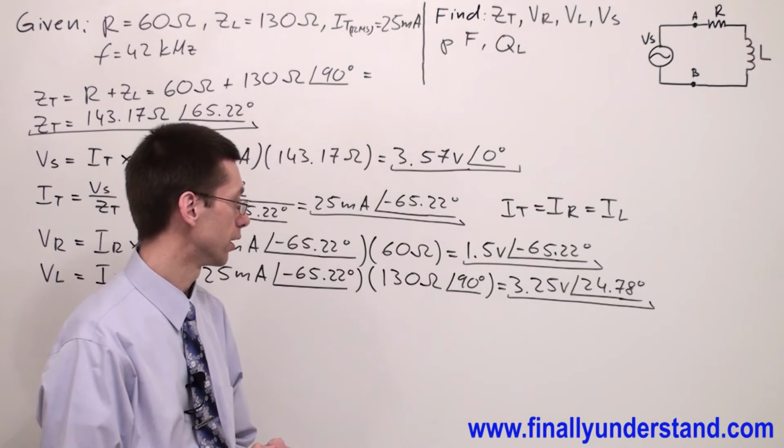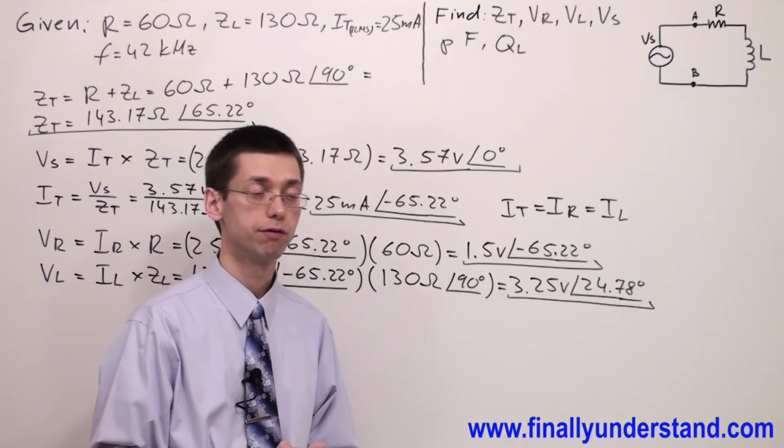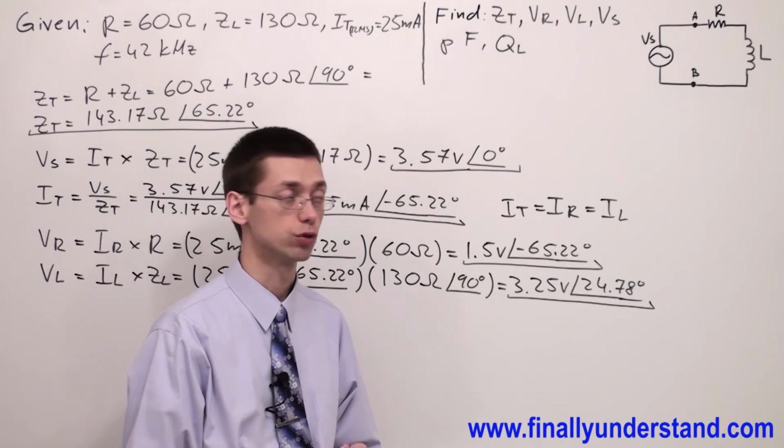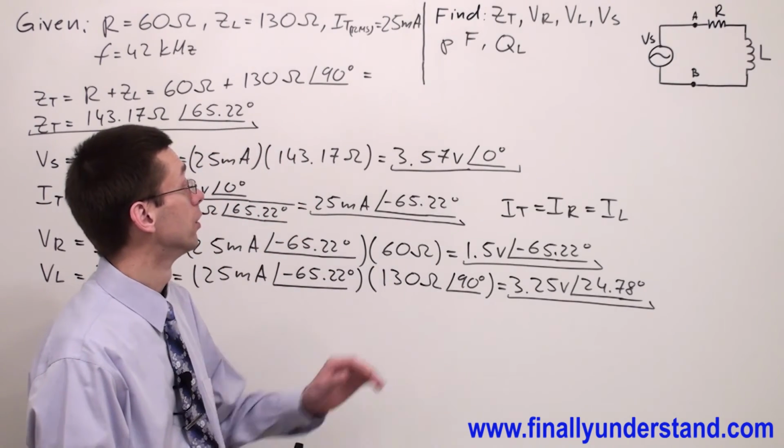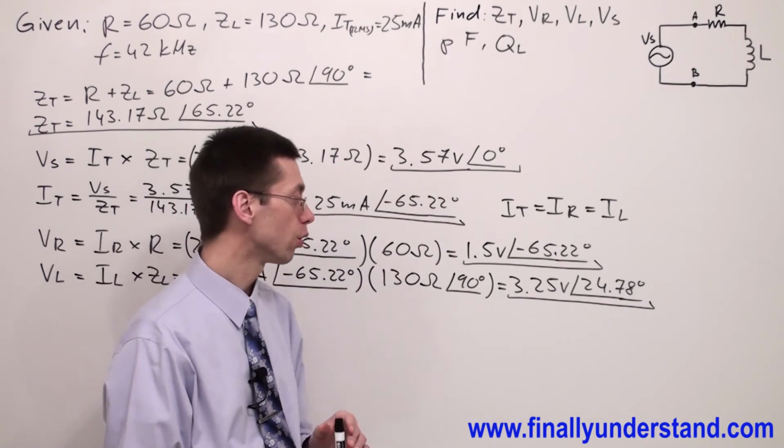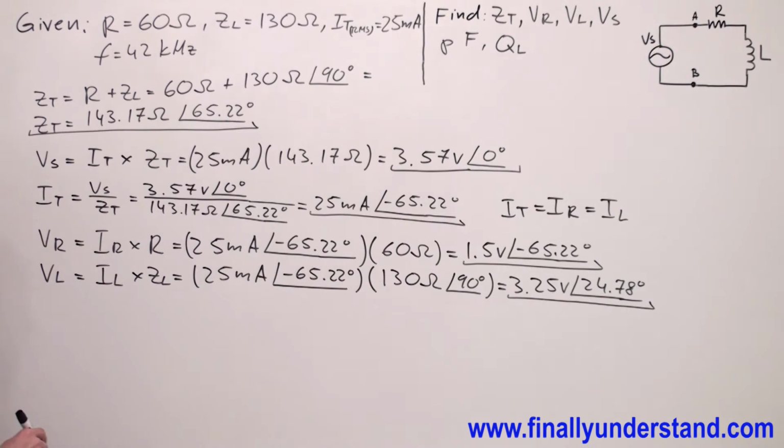Someone is going to say, okay, I found the voltages, so I can continue, I can go to power factor. But it's always good to check if your answers are correct. You're supposed to use KVL to verify your answers. You're supposed to realize that if you are going to add these two values, you are going to get the voltage source. So let's check if this is going to work.